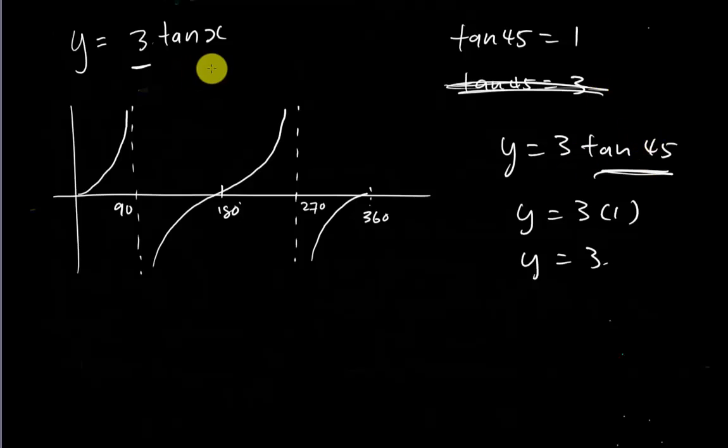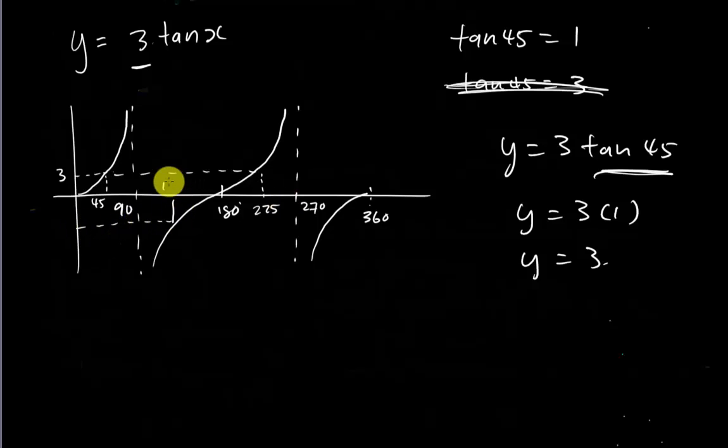So if it is 3 tangent x, and the exam asks you to show, which has never come out like this before, I will say this value is 3 here, and this is 45. And then this value is 3 here, and this is plus 45, which is 225. And then same thing, I will do the 3 at the bottom here.